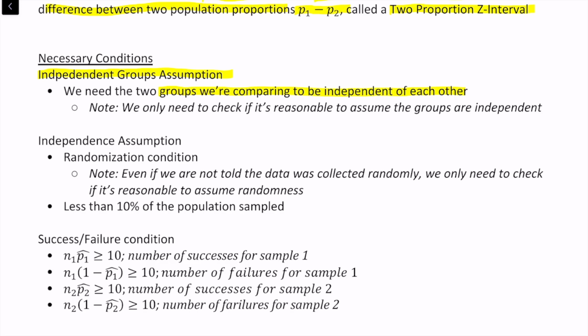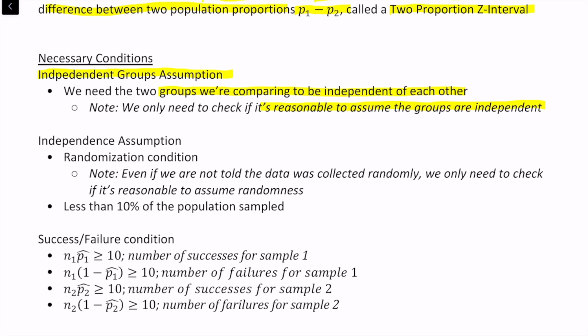Even if we're not told explicitly that they're independent, all we need is that it's reasonable to assume the groups are independent. In the example at the beginning, comparing the proportion of men that make 100K versus the proportion of women that make 100K, we can reasonably assume those groups are independent, even though I didn't say so.